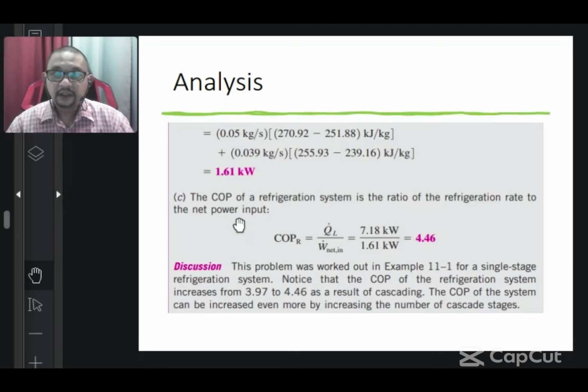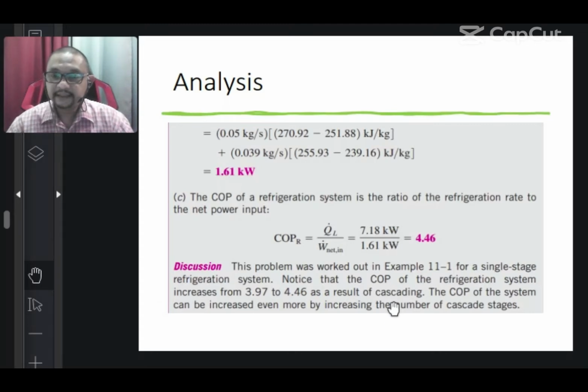So using the COP, or coefficient of performance, for this cascade refrigeration system, Q dot L over W dot net in, you will get the COP for this cascade refrigeration is 4.46.